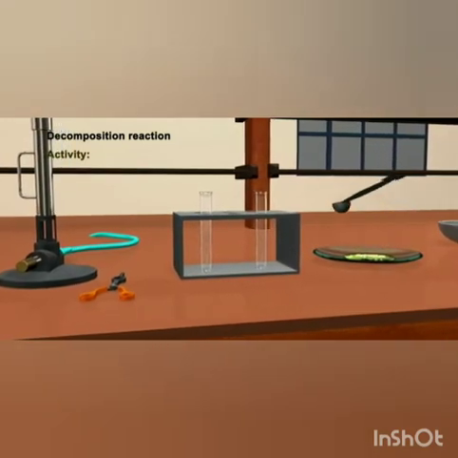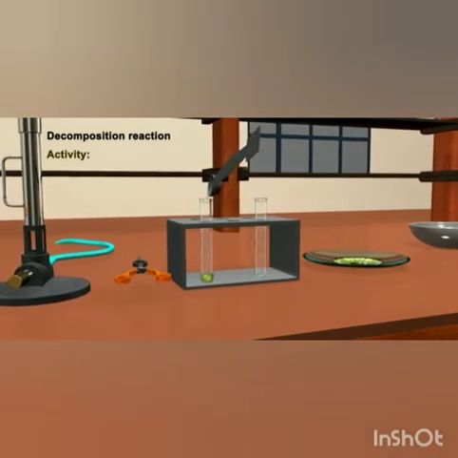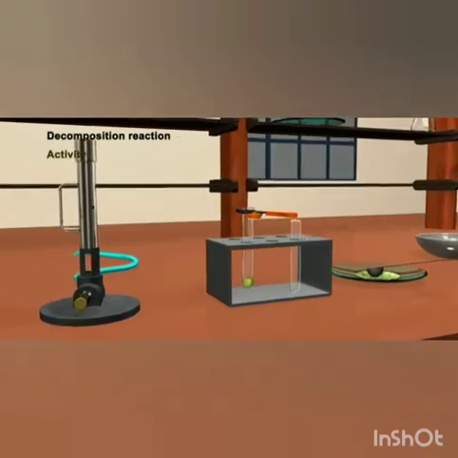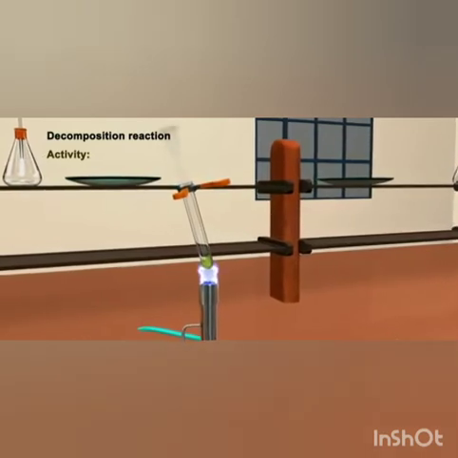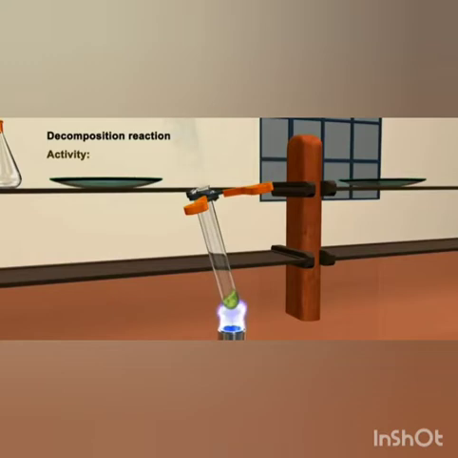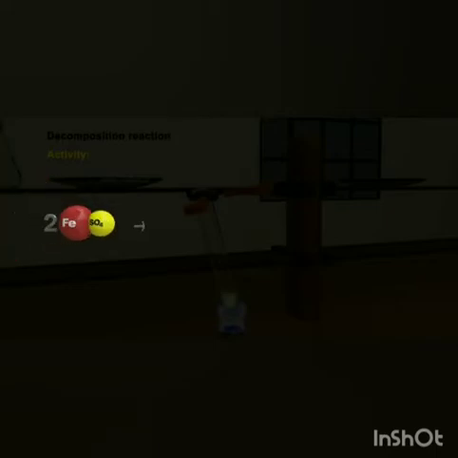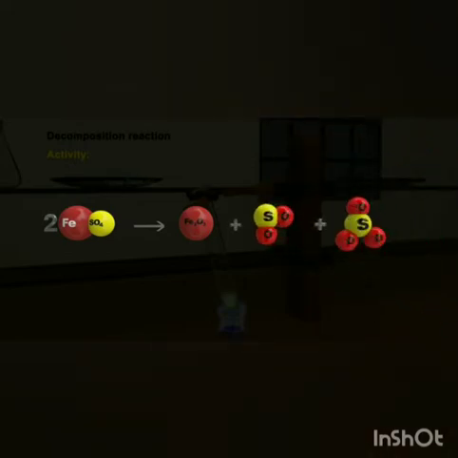Take some ferrous sulfate crystals in a dry boiling test tube. Note the green color of the ferrous sulfate crystals. Heat the boiling tube over the flame of a burner and observe the color of the crystals after heating. We can observe the color of the ferrous sulfate crystals has changed and the characteristic odor of burning sulfur is observed. 2FeSO4 gives rise to Fe2O3 plus SO2 plus SO3.